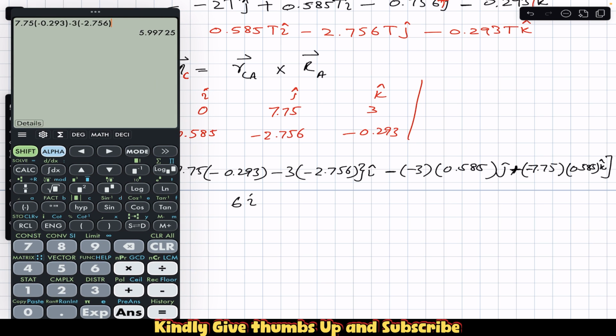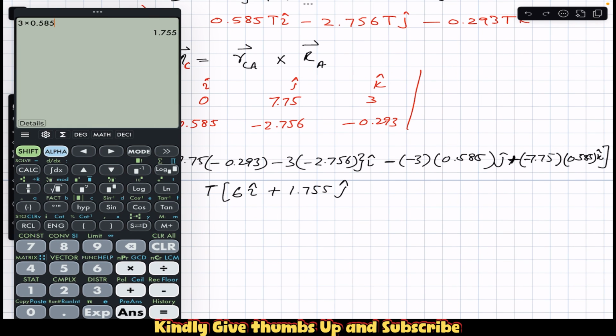I, and multiply by that T outside. And similarly, the J component is minus into minus 3 is plus 3. 3 multiplied by 0.585. So this is plus 1.755 J. And now the K term is 7.75 into 0.585.